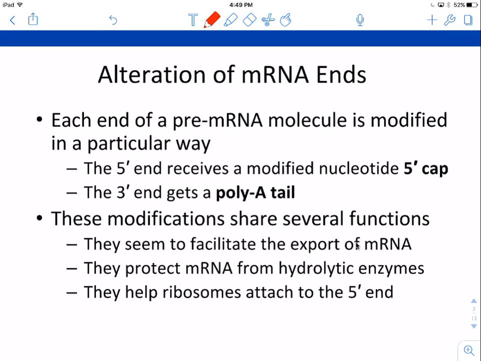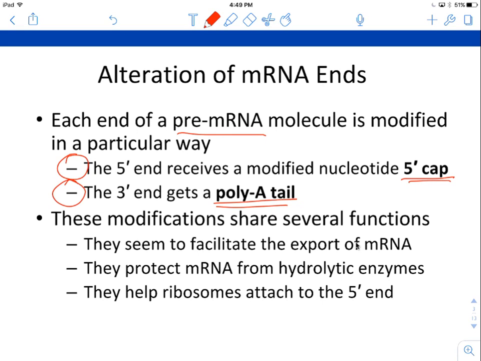So each end of the pre-mRNA is modified in a particular way. The 5' end, or kind of the beginning of the molecule, receives what we call a 5' cap. And the 3' end gets a poly A tail. Okay.